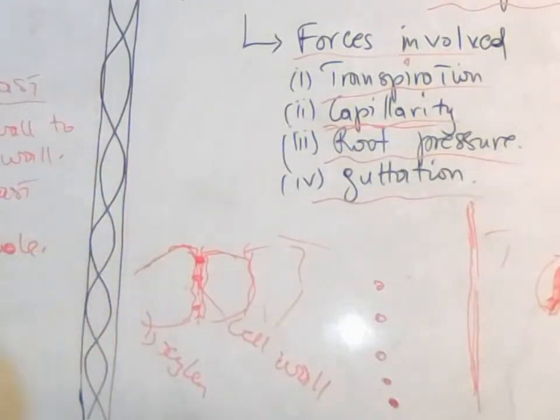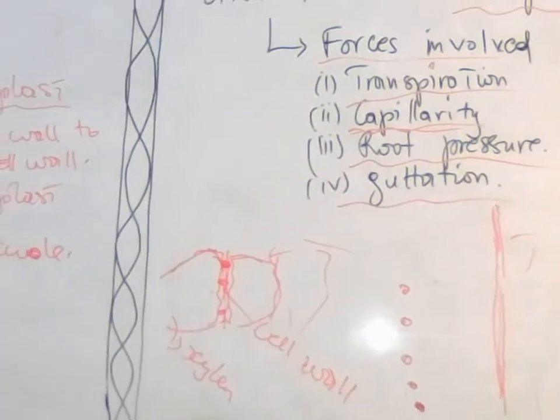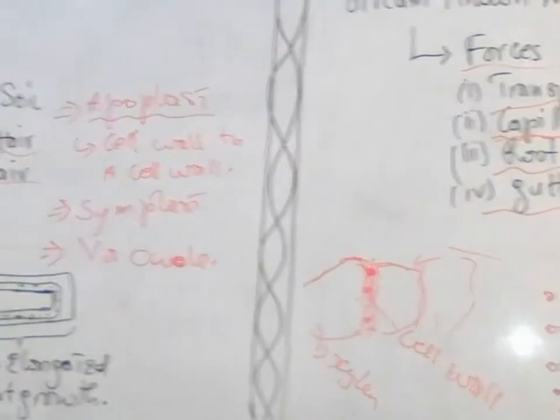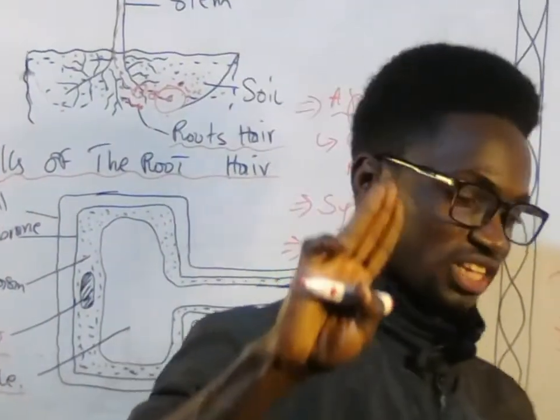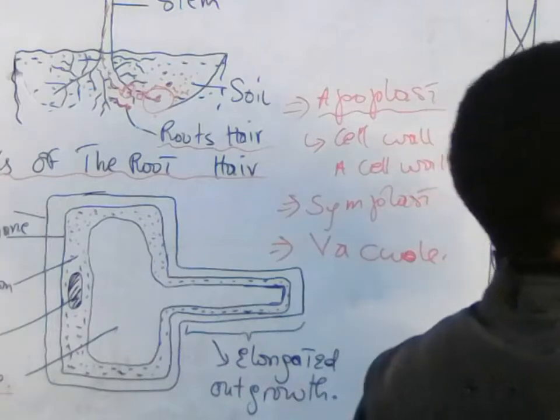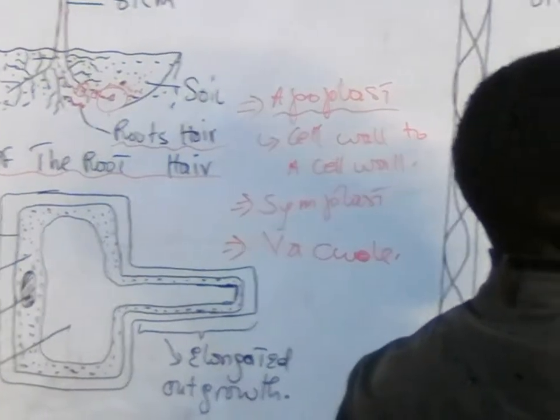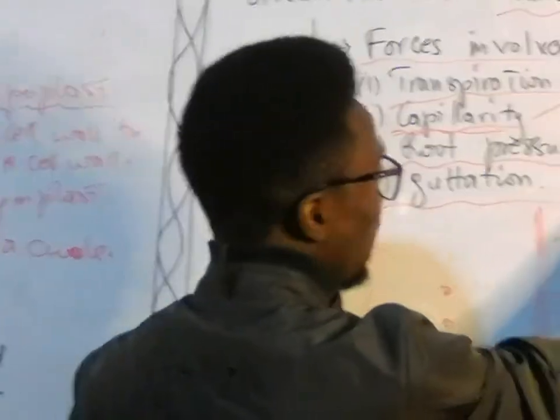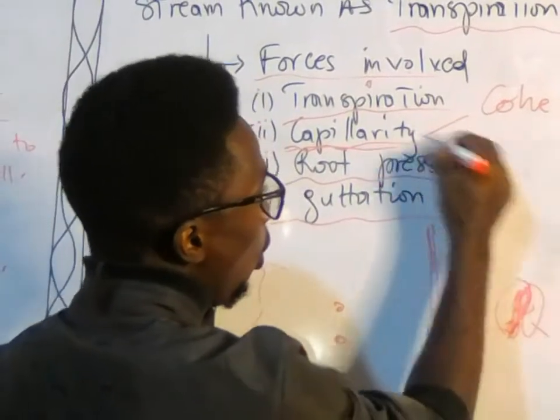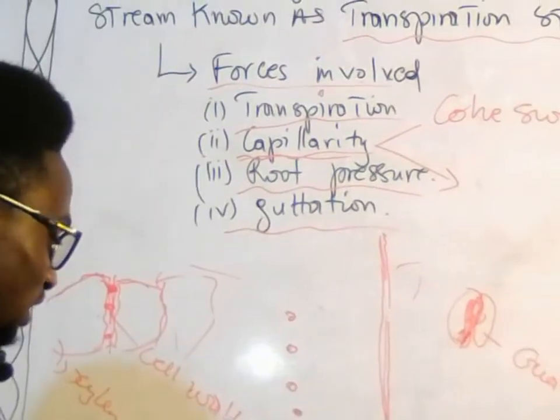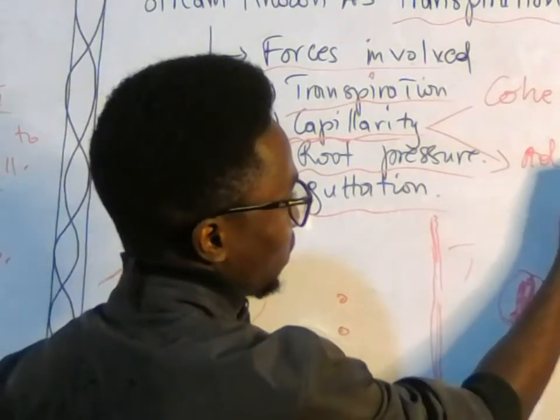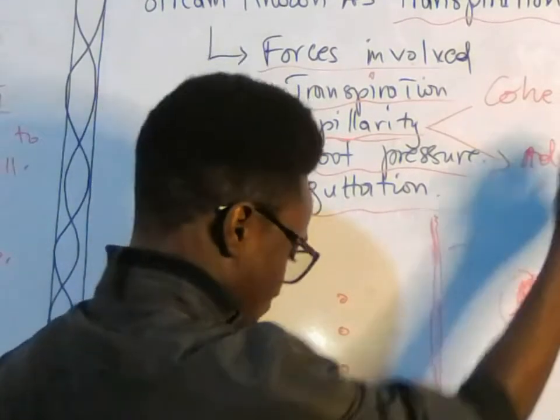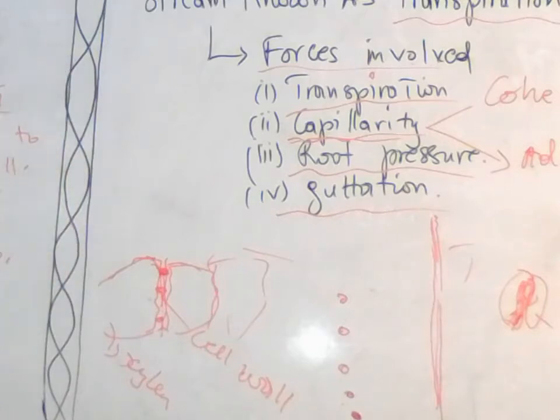What is capillarity? Capillarity is the movement of water in narrow tubes or openings as a result of two things: either cohesion or adhesion.